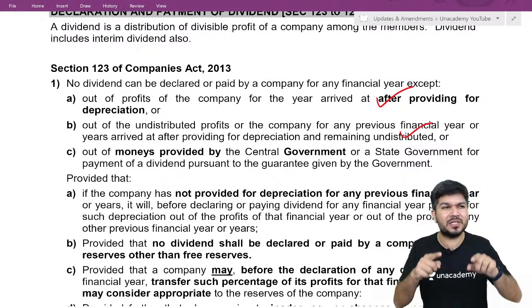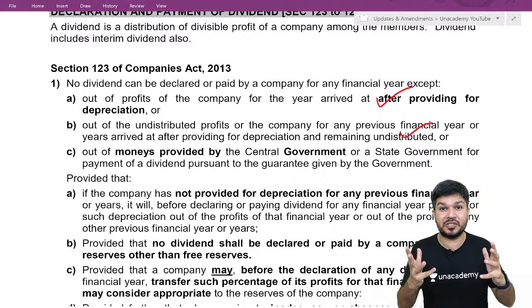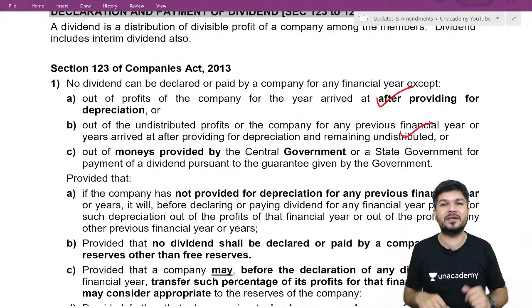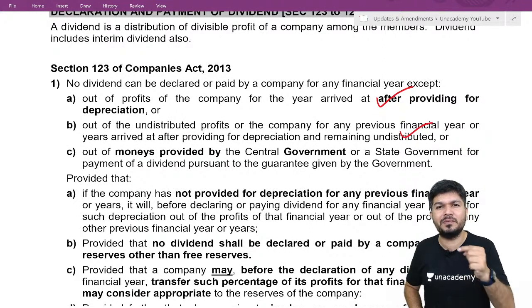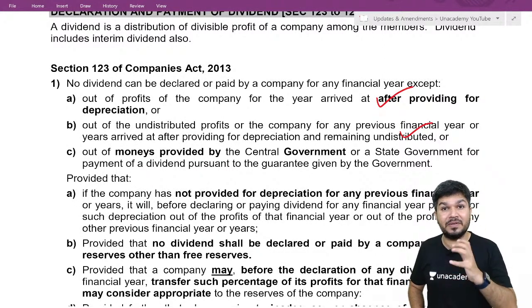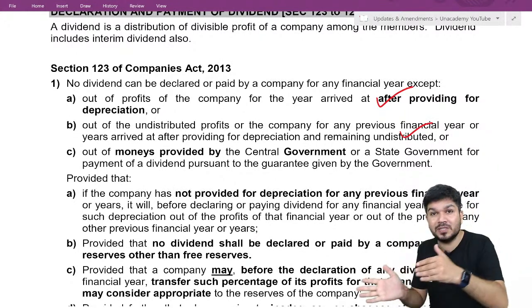Capital profit which has gone in capital reserve, like profit on amalgamation or profit on internal reconstruction, cannot be used. But capital profit which goes in P&L, like profit on sale of fixed assets or profit on sale of investments, is also a capital profit, but it goes in P&L.